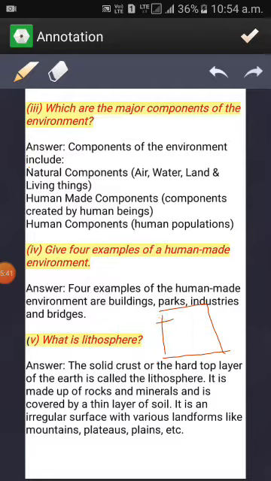We can write like this: the solid crust or the hard top layer of the earth is called the lithosphere.